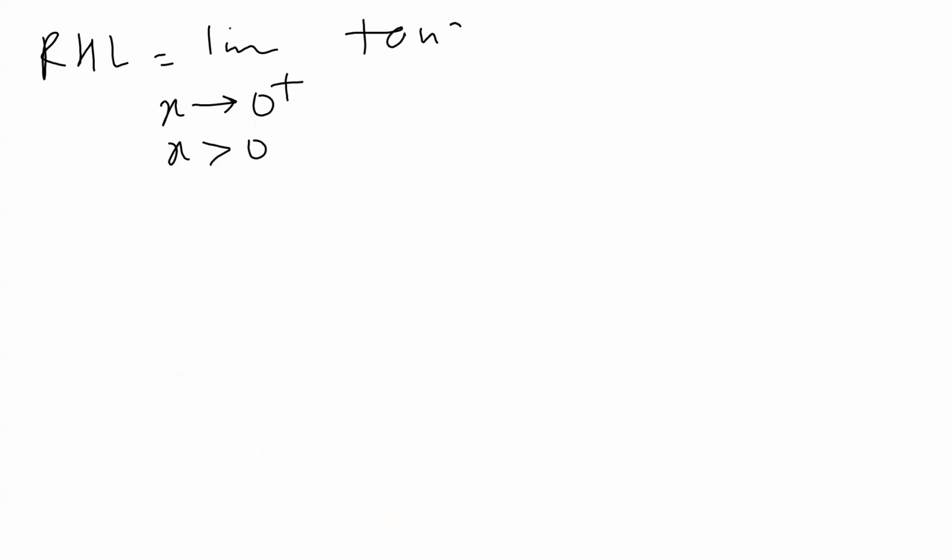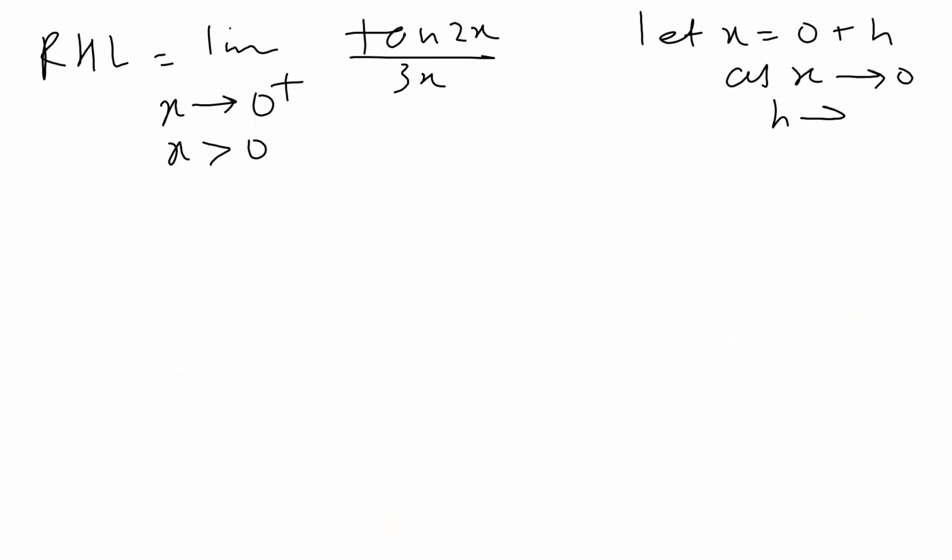We'll start with RHL. Limit x approaching 0 plus. 0 plus means x greater than 0. The function remains the same. So I'll just write let x is equal to 0 plus h. As x approaches 0, h will also approach 0. So we're changing the limits from x approaching 0 to h approaching 0.